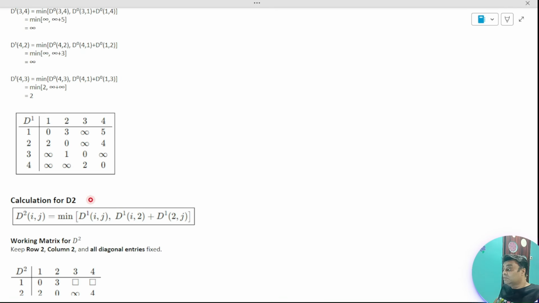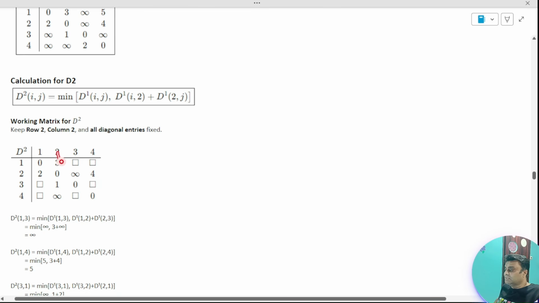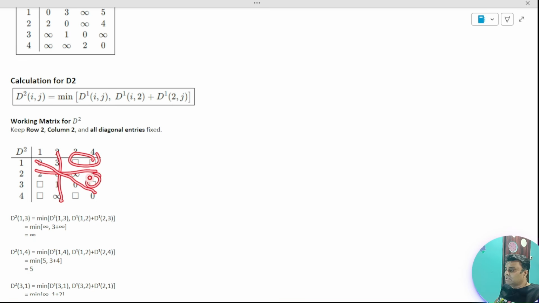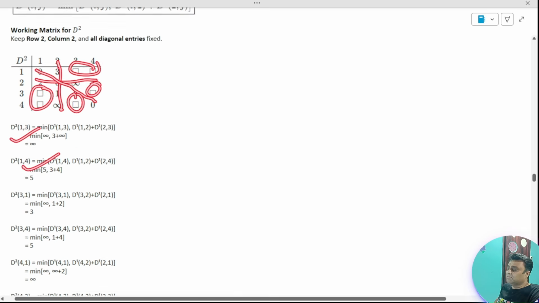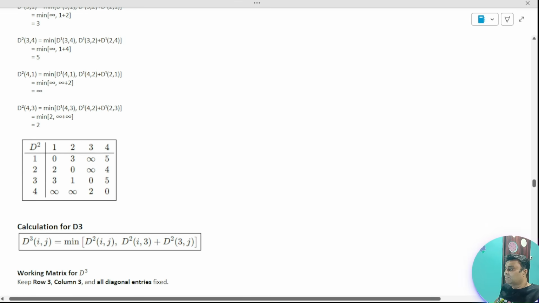And because we are working with D2, we will take these two columns, keep it the same, we'll keep the diagonals the same. So that's why our working matrix is these two columns are the same, the diagonals are the same, the rest are the stuff we are worried about to fill up. Again, the same concept, same formula application. I'll not go into the details of that. Once you are done, fill it up, you will get D2.